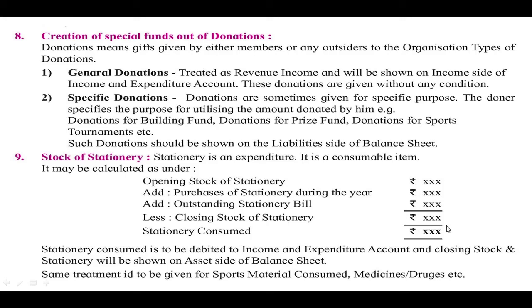So the stationery consumed will be recorded on the expenditure side of the income and expenditure account, and the closing stock is recorded on the asset side. In the same manner, we can calculate the sports material consumed, and medicines and drugs consumed.